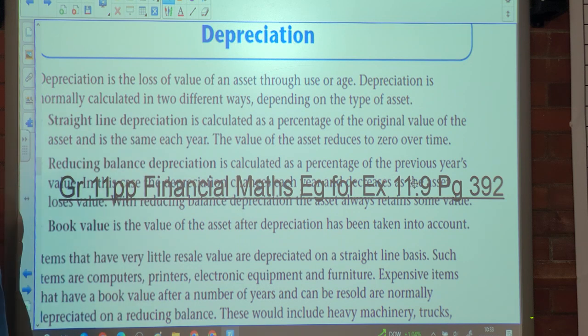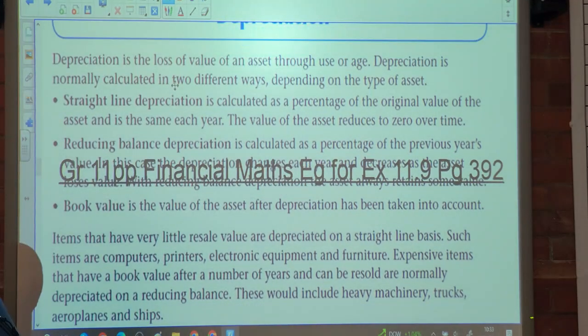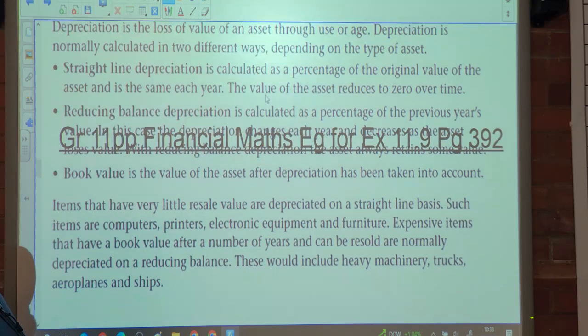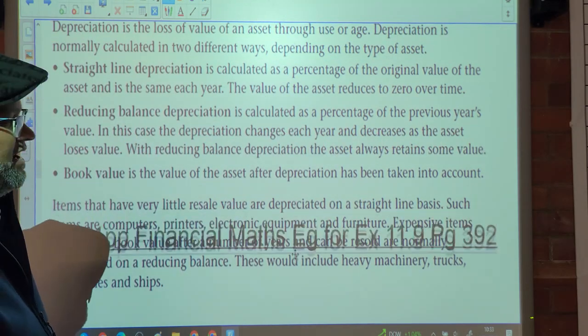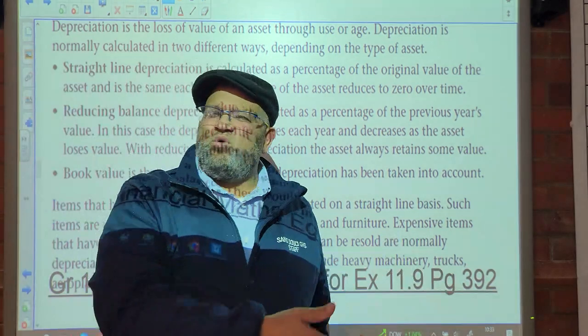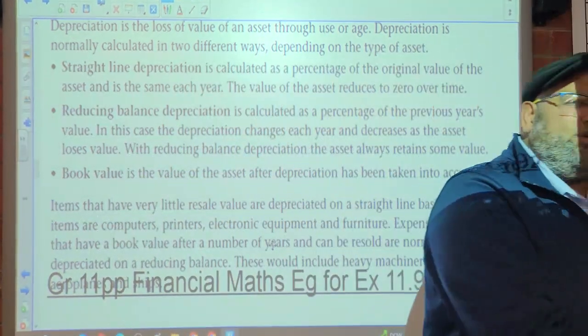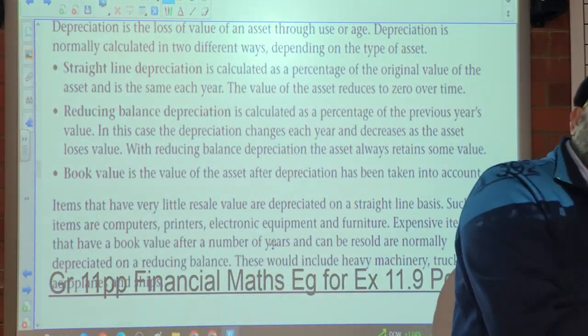Alright, so depreciation. Let's see what they say depreciation is. Depreciation is the loss of value of an asset through use or age. Depreciation is normally calculated in two different ways, depending on the type of the asset. Like, after 10 years, would this computer be worth anything? Would one of you want to buy this computer after 10 years?